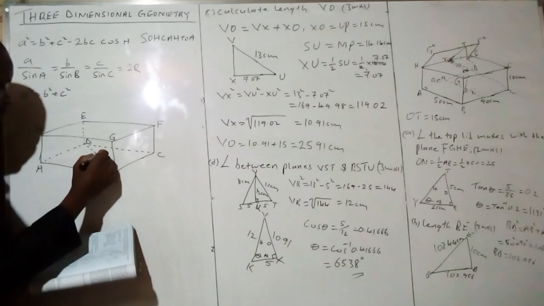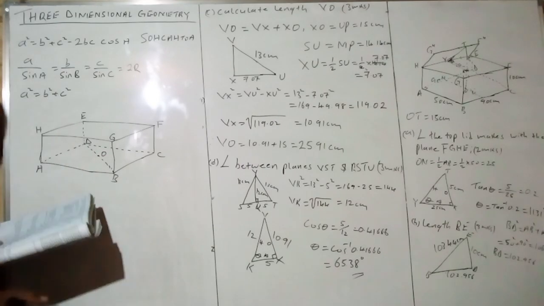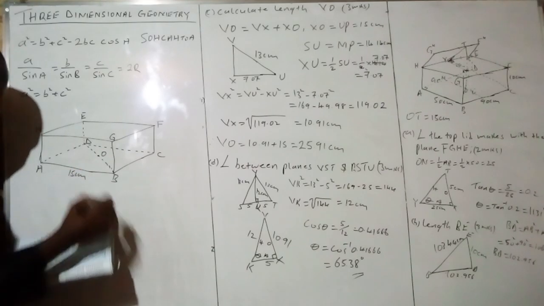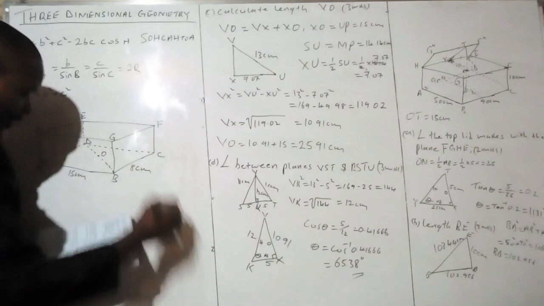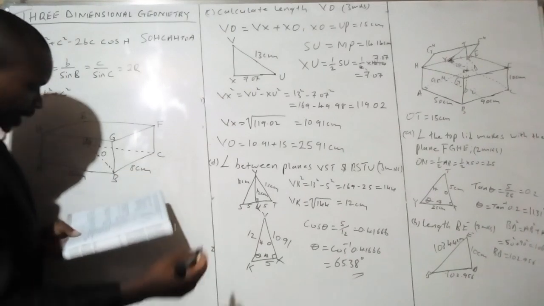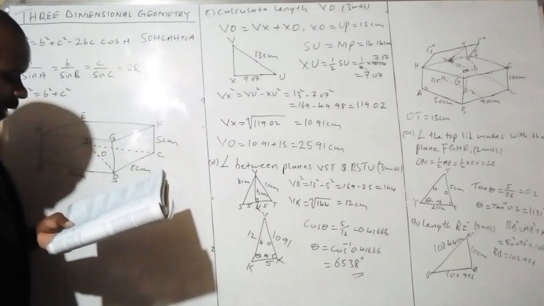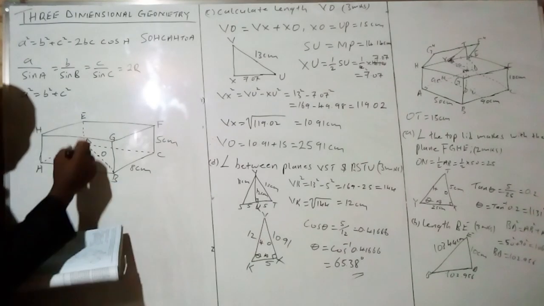Calculate, you'll be told that AB is 15 centimeters, BC is 8 centimeters, and CF is 5 centimeters. Calculate the angle between the lines OE and OF.